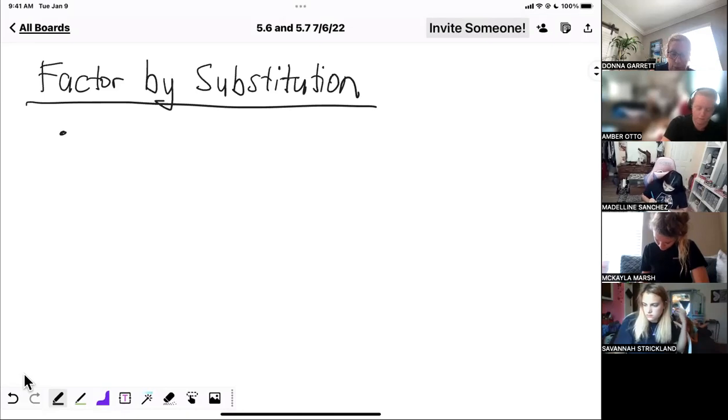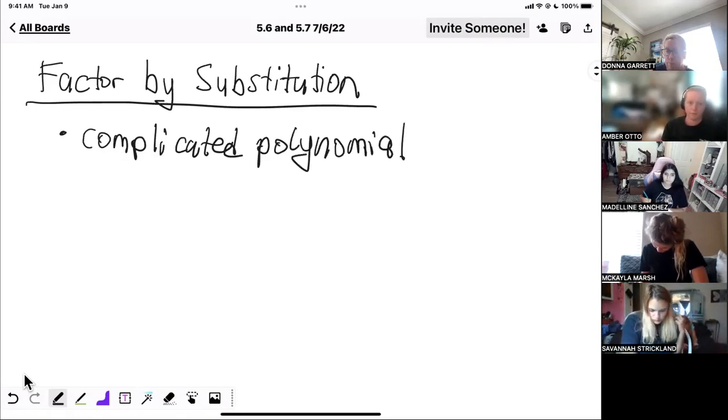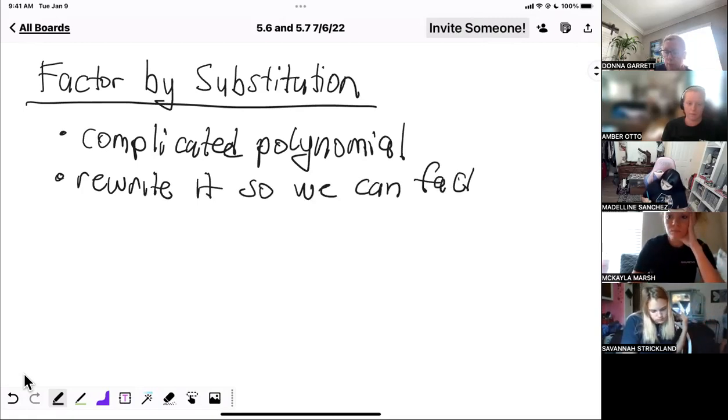That would be when you have a really complicated polynomial. And then we're going to rewrite it so we can factor it. And that's where substitution comes in. We use substitution.